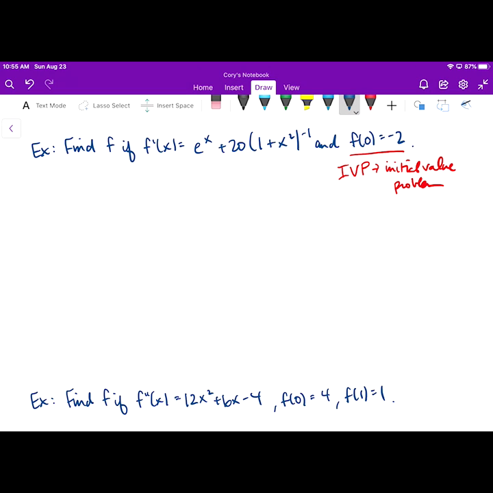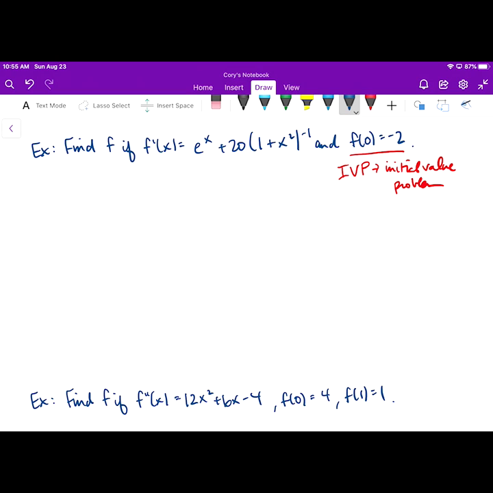When you're looking at initial value problems, they're different than general antiderivative problems in that the initial value we are given allows us to find a particular value for C that satisfies the given information. So we're not going to just add some general C to the end, but we're going to find a specific or particular value for C that satisfies the information in this problem.